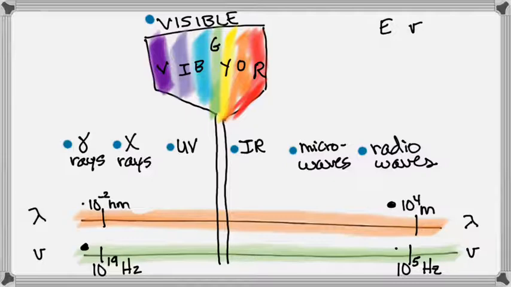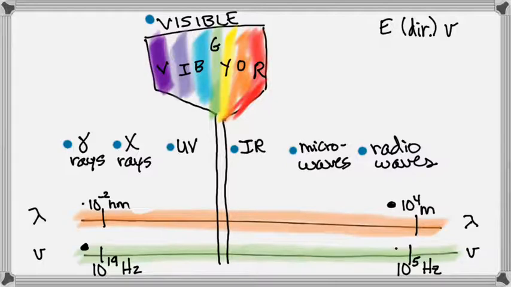Energy is directly related or directly proportional to frequency. What that means is energy and frequency either increase together or they decrease together, but they transition numerically in the same direction.